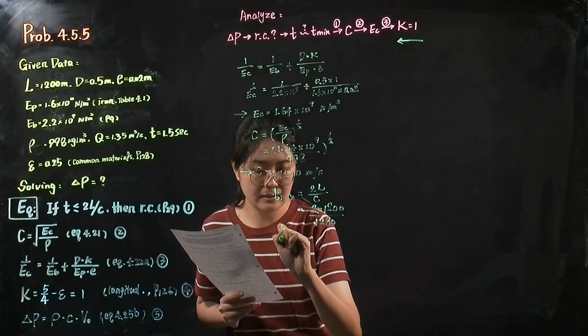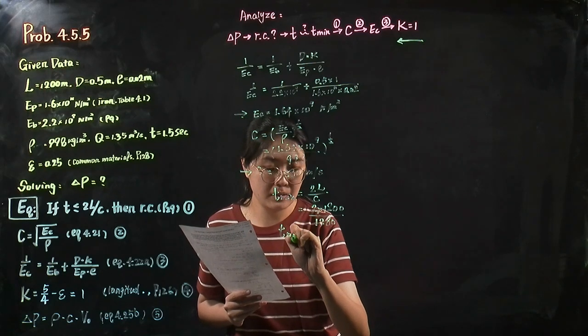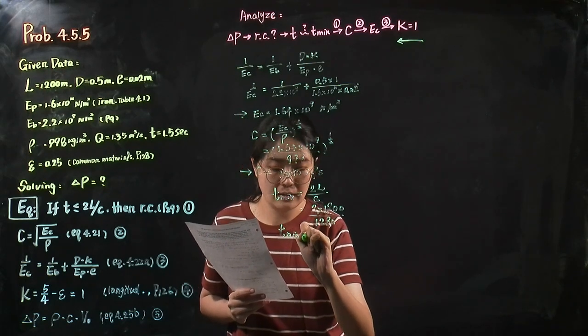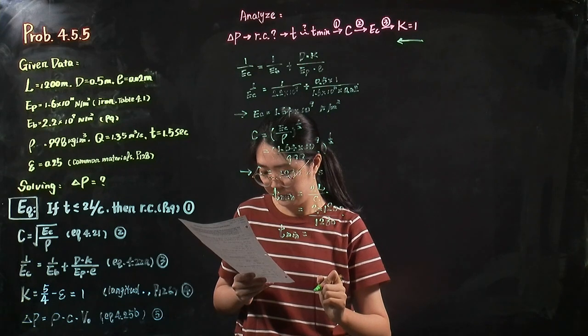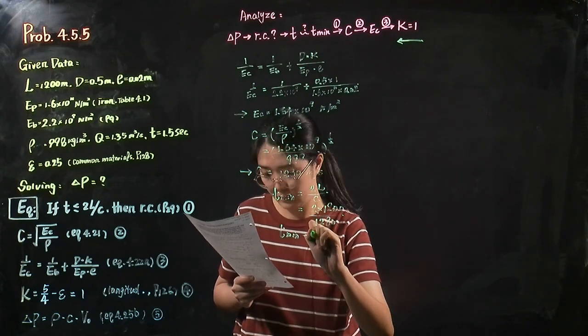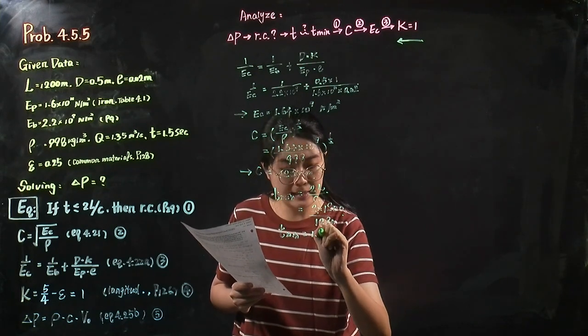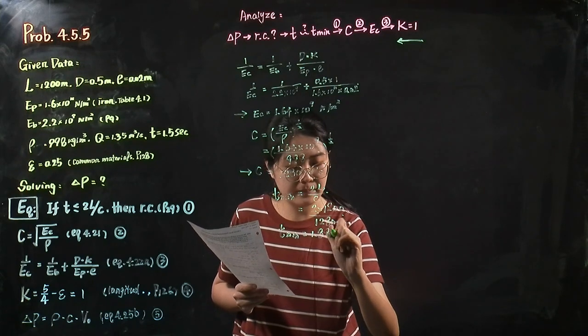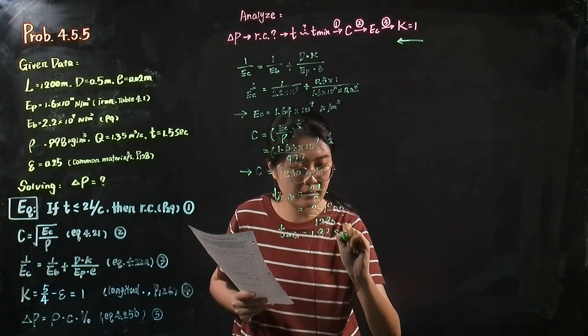Then we can get the T minimum. It equals 1.88 seconds.